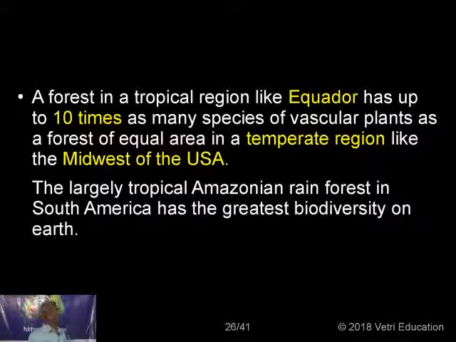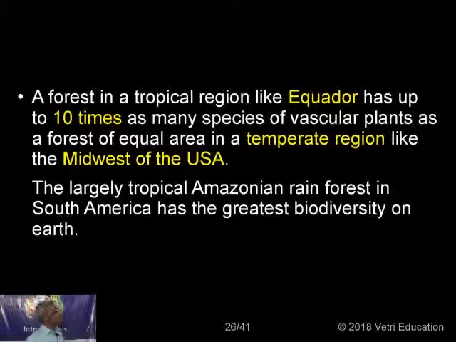Good. A forest in a tropical region like Ecuador has up to 10 times as many species of vascular plants as a forest of equal area in temperate regions like the Midwest of USA.